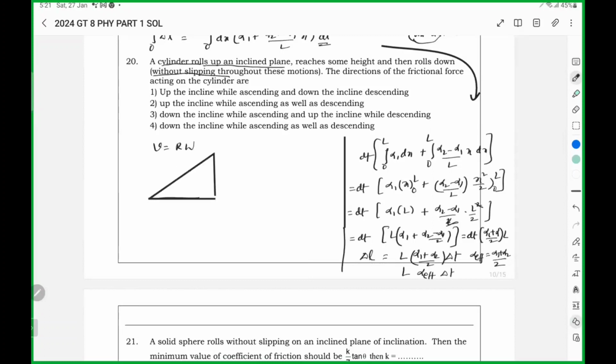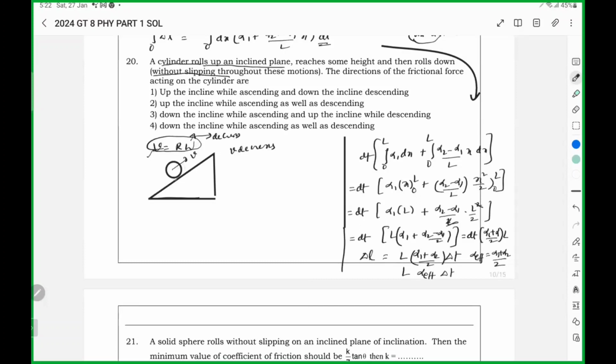So when it is rolling up slowly, its translational velocity decreases. To maintain pure rolling, once velocity decreases, omega also must decrease.